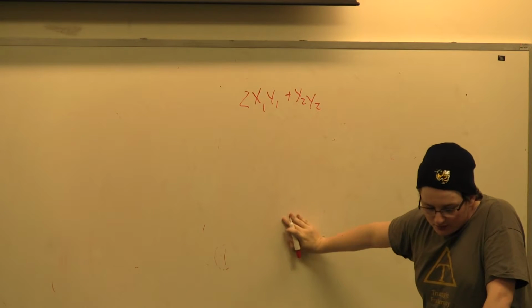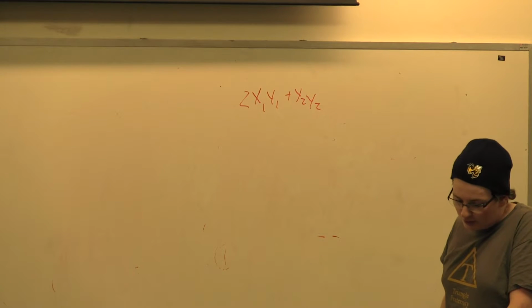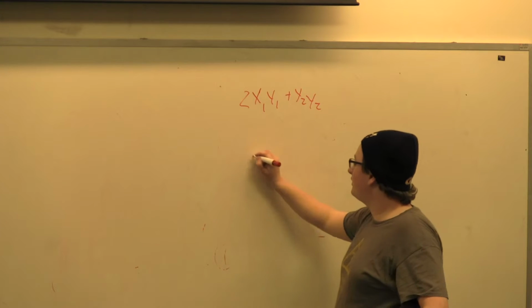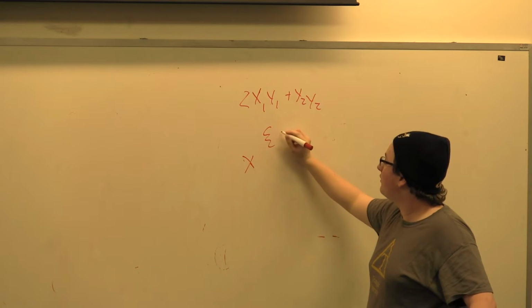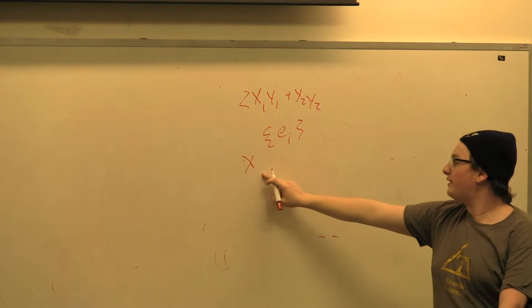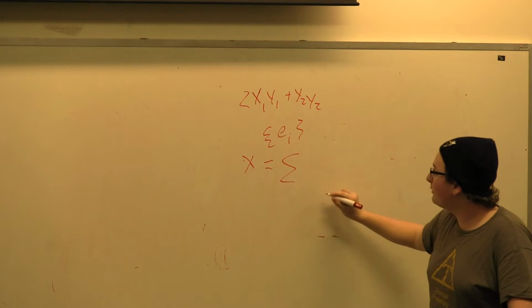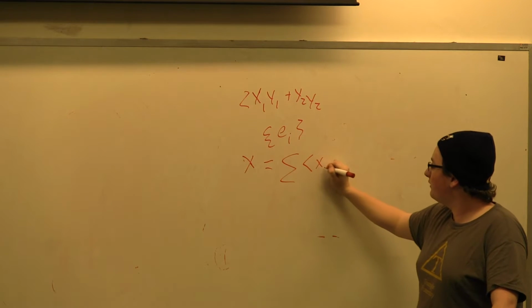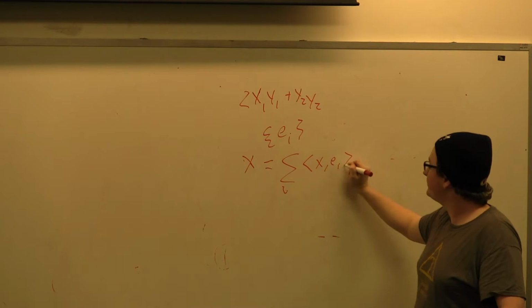So if I have a set of orthogonal vectors, which I'm going to label E sub i, I can take the vector x and rewrite it as the sum over all i.